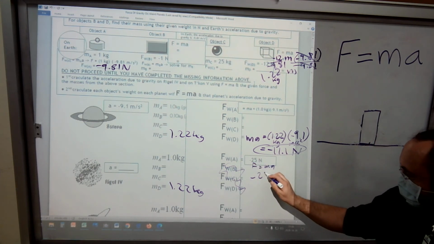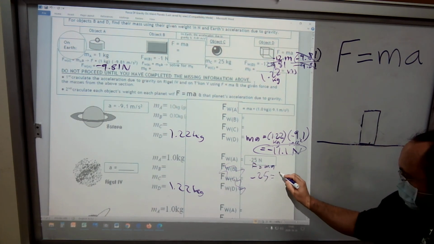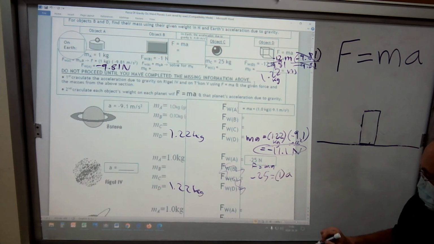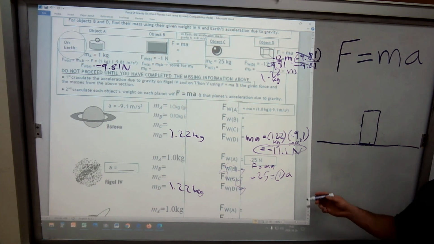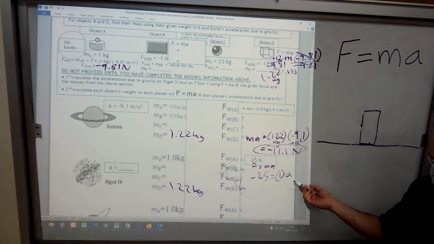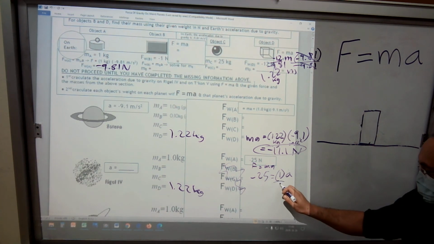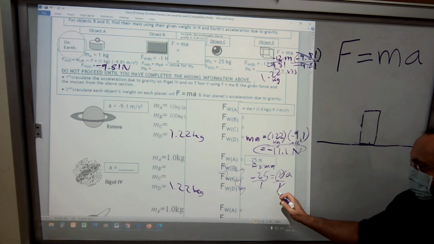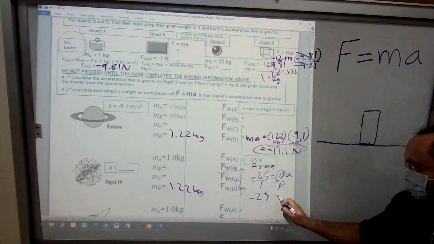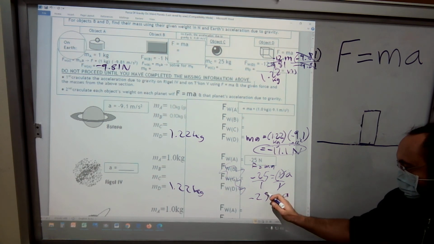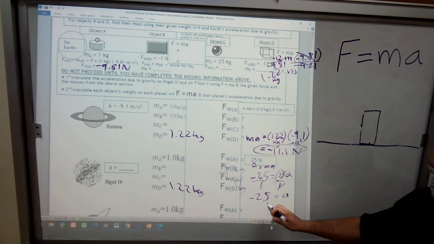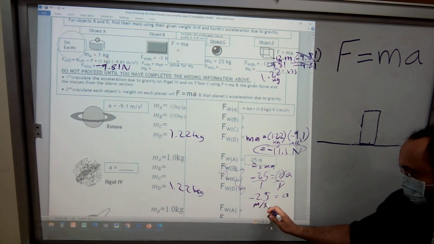The force is negative 25. The mass is 1. And we're looking for the acceleration due to gravity. So negative 25 equals 1 times what? a is going to be negative 25, but if we want to, we can divide by 1. Negative 25 divided by 1 makes negative 25, and those cancel, so it says equals a now. That's negative 25. It's acceleration, so that's in meters per second squared.